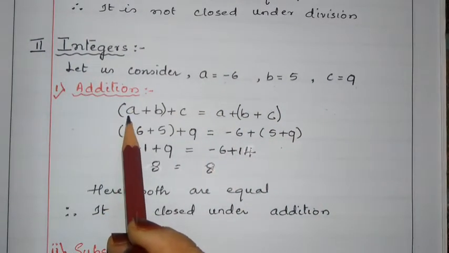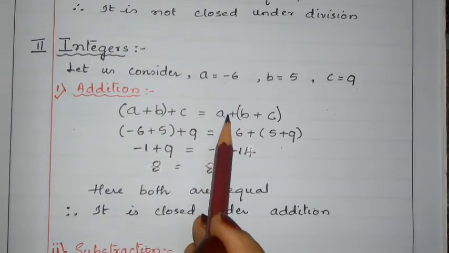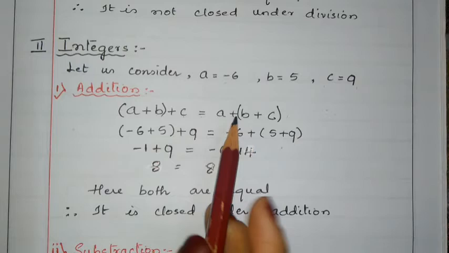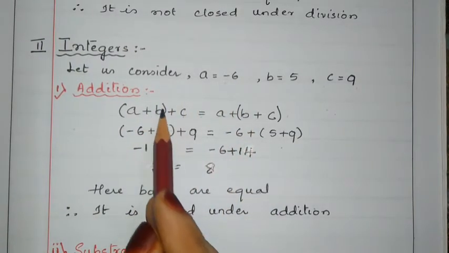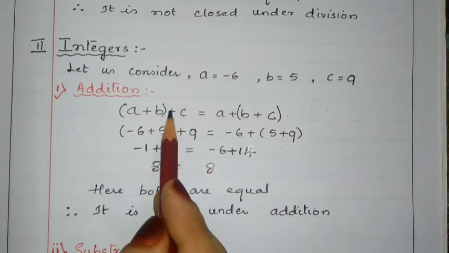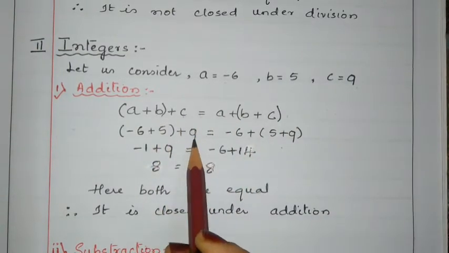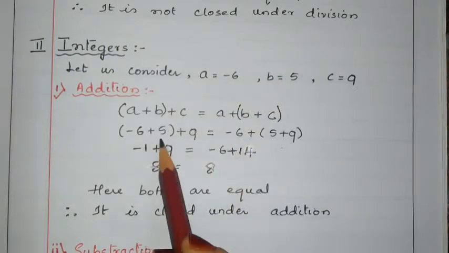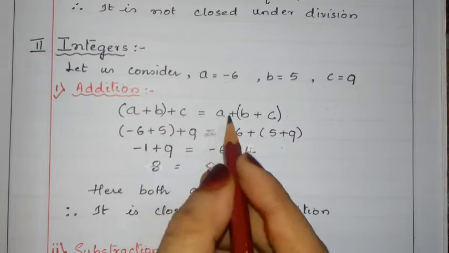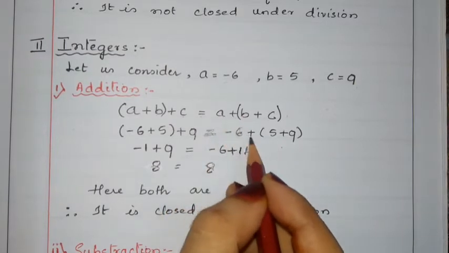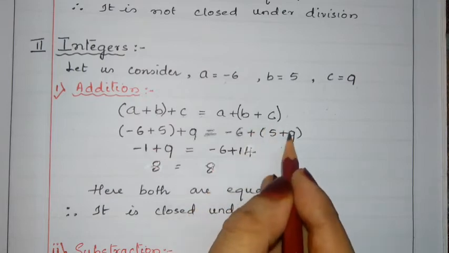Addition: now we know the general form (A plus B) plus C is equal to A plus (B plus C). Let us substitute the values. A value is -6, plus sign as it is, B value 5, plus sign as it is, and C value 9. Equal sign as it is, A -6, plus sign as it is, inside bracket B 5 plus C 9.